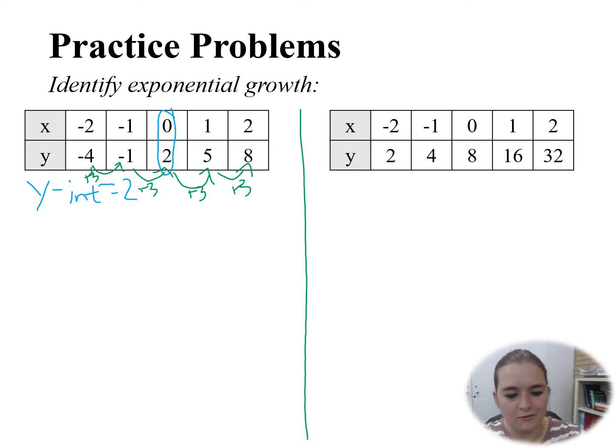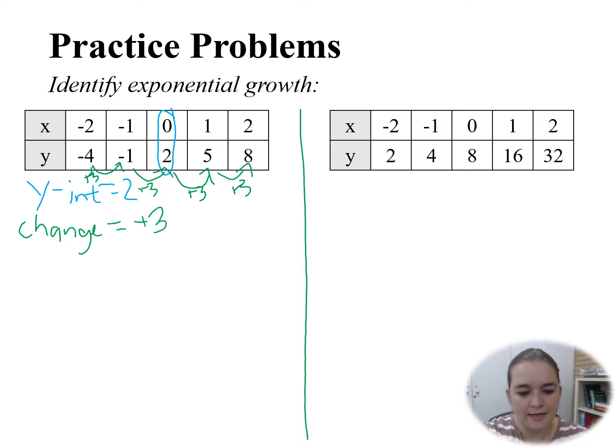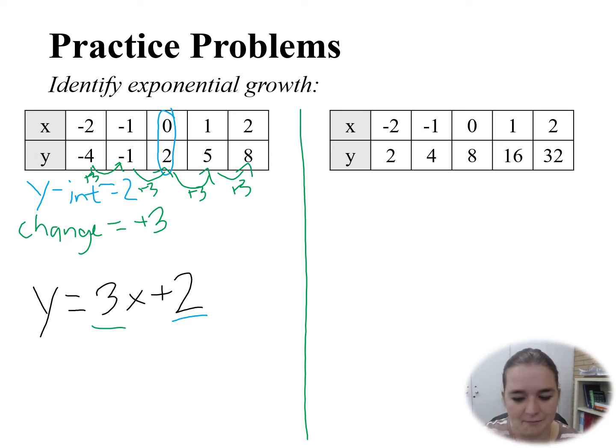So what I call my change here is really a slope or a rate of change of +3 each time. So I know from previous information that this is going to be the function y equals 3x plus 2. I see my y-intercept, and I see my change is a +3 every time I go up by x.